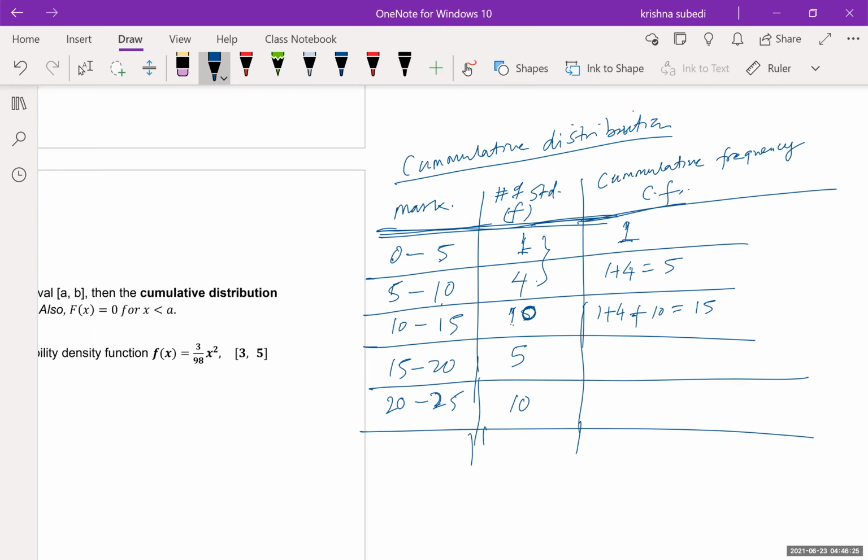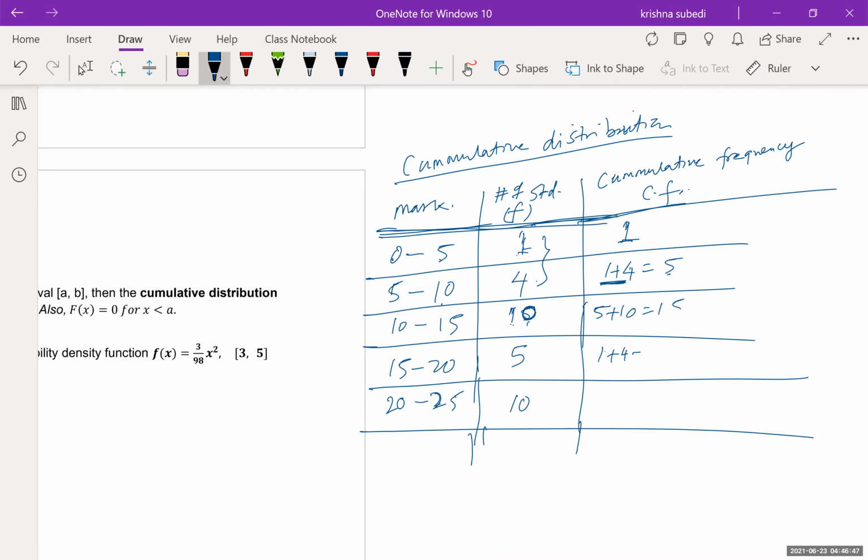Cumulative frequency actually varies depending on how many you consider. For this one, cumulative frequency is 1 plus 4 plus 10. But we can simply use what we already calculated, 1 plus 4 is 5, now you write 5 plus 10, which is 15.